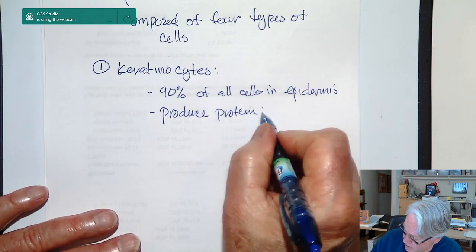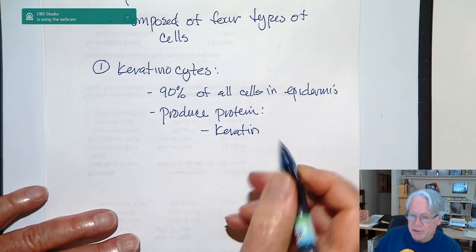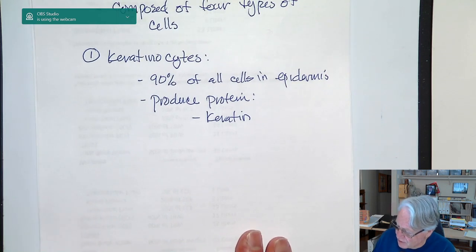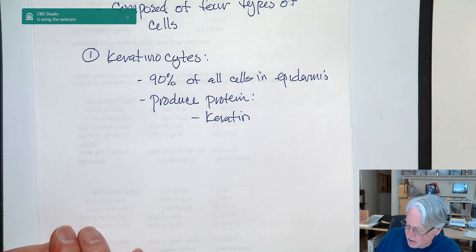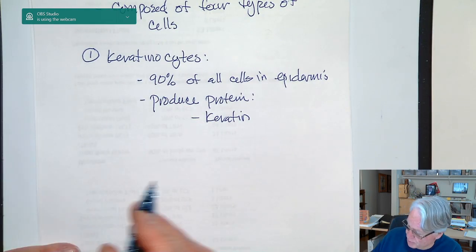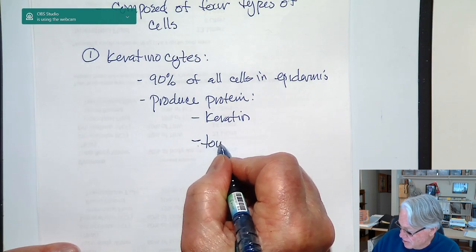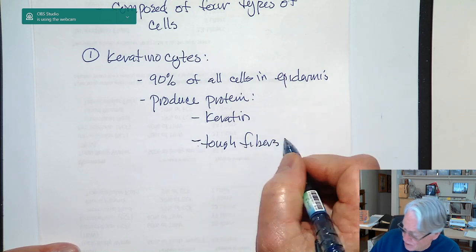And that protein is keratin. As you know, the skin is keratinized stratified squamous epithelium, and so these keratinocytes need to produce the keratin. In fact, that's what they're named after. And keratin is a tough, fibrous protein.